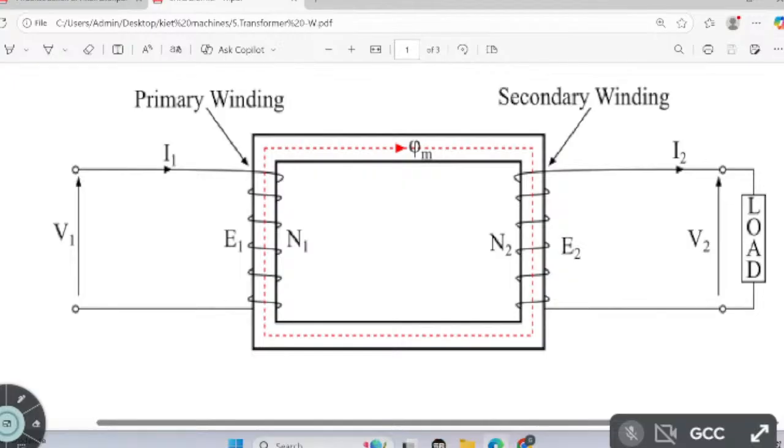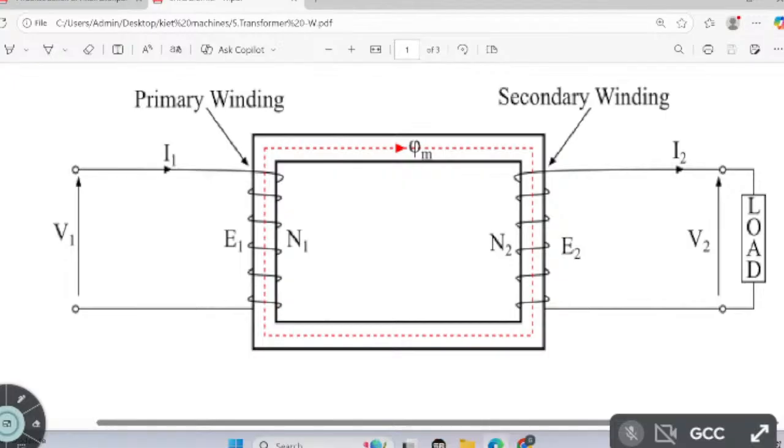So it is a transformer. Okay, the next topic is transformer. Compared to a DC generator, DC motor, alternator or induction motor, a transformer is very easy. It has one core, that is one cast iron piece, and one winding.